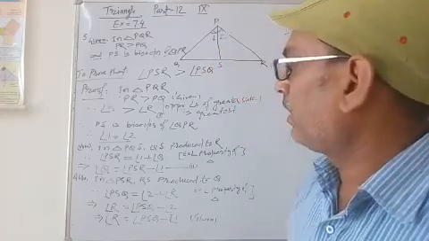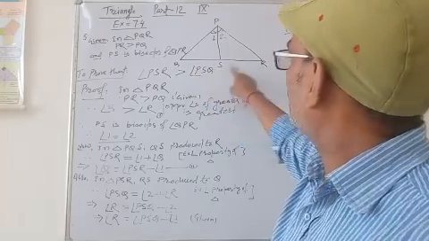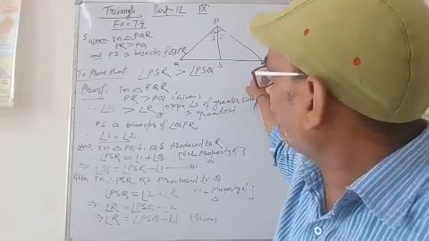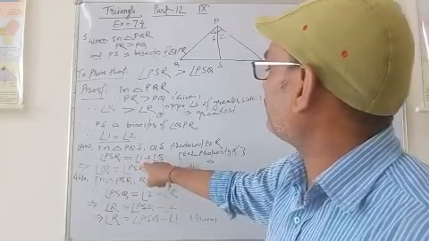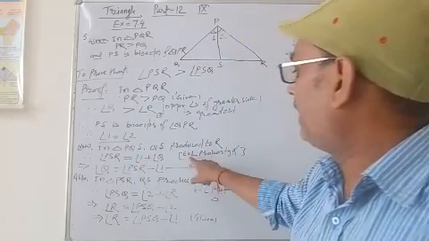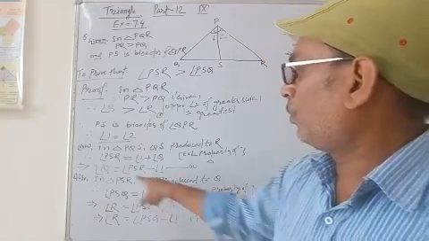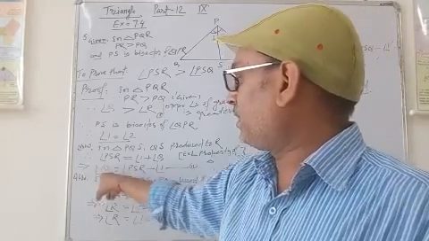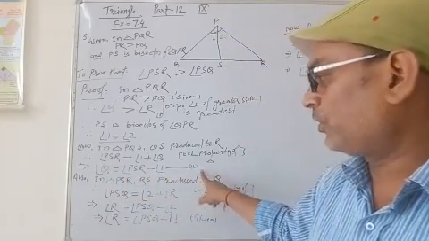Now in triangle PQS, QS is produced to R, therefore angle PSR is equal to angle 1 plus angle Q, by the exterior angle property of a triangle. So we can write angle Q is equal to angle PSR minus angle 1. Suppose this is equation 2.